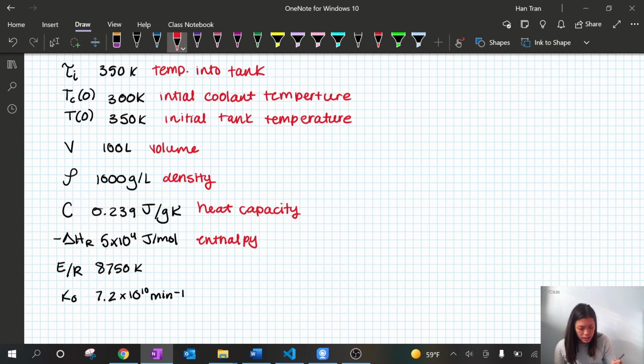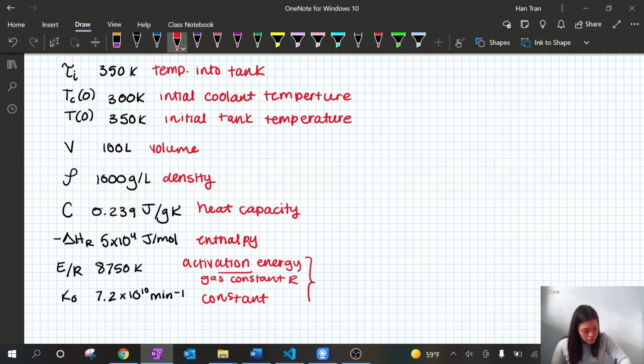And so this E over R is actually the activation energy over gas constant R, and then this K naught is a constant that is used in the Arrhenius equation.